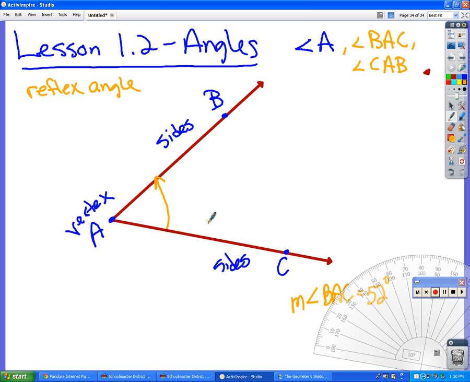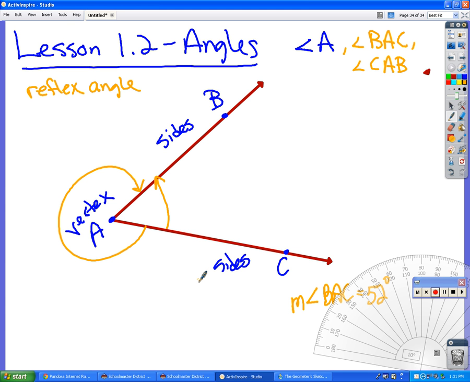The other way we could do it is start here and, instead of going counterclockwise, go clockwise and measure it around that way. That's called the reflex angle if you go the long way around. If this angle right here is 52 degrees, what's the measure of my reflex angle?